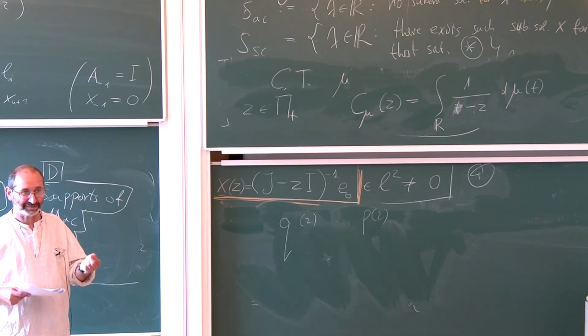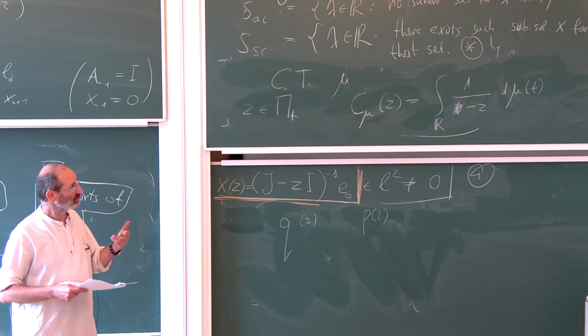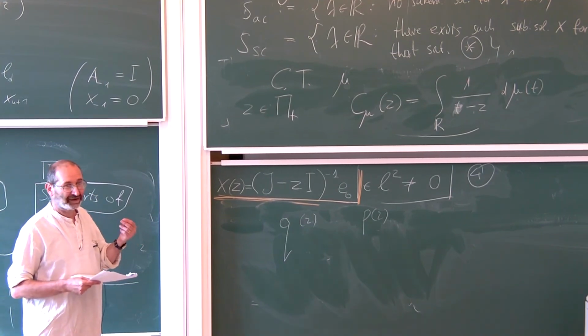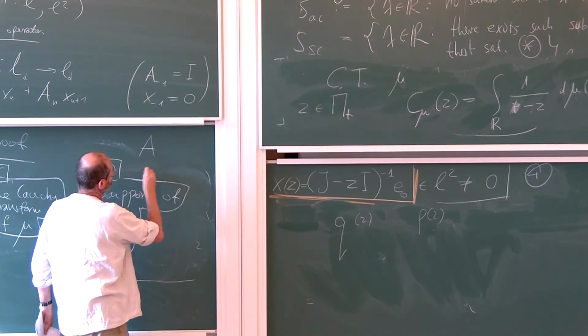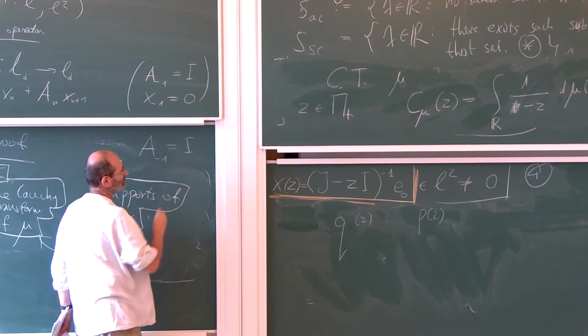What does it mean, the condition in -1, when -1 does not exist in some sense? It's not so difficult to see, because we defined A -1. It was identity.